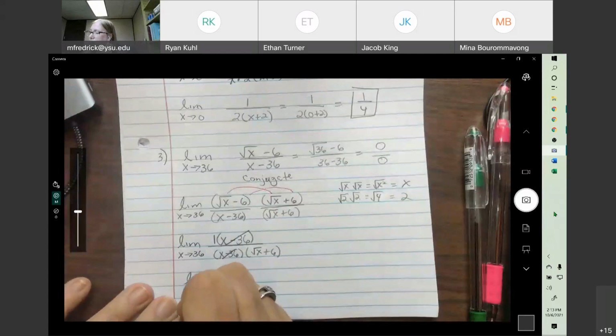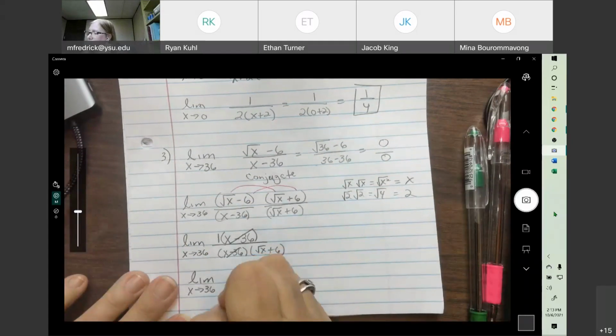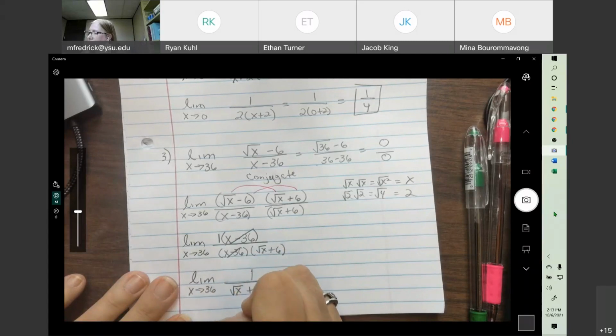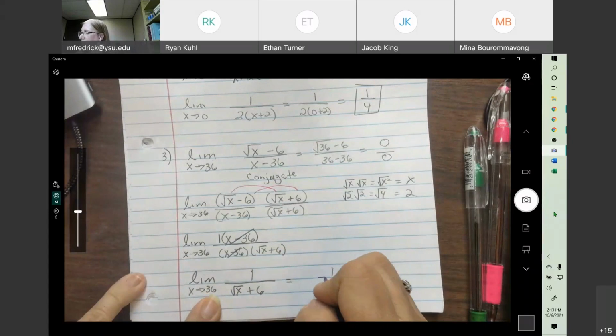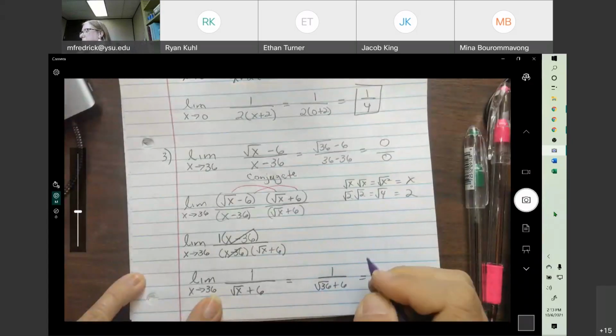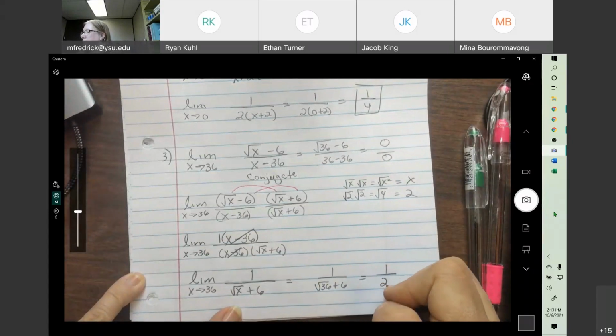Once that original quantity cancels, you can try plugging it in again. I'm plugging in 36: 1 over the square root of 36 plus 6. Square root of 36 is 6, plus 6 gives us 12 in the denominator.